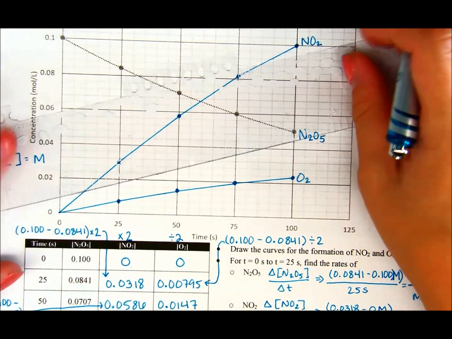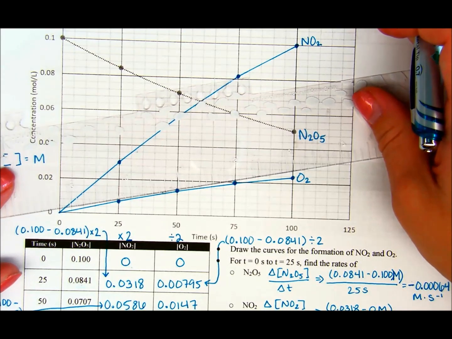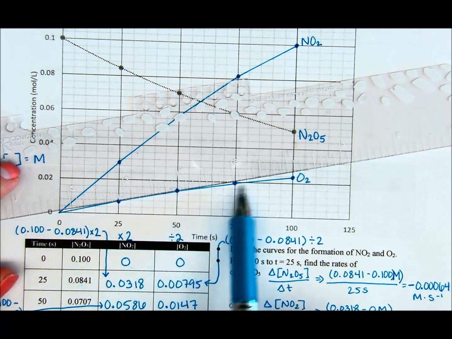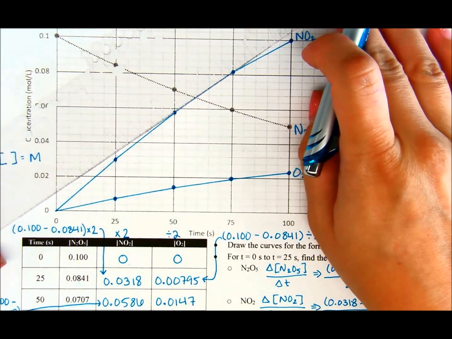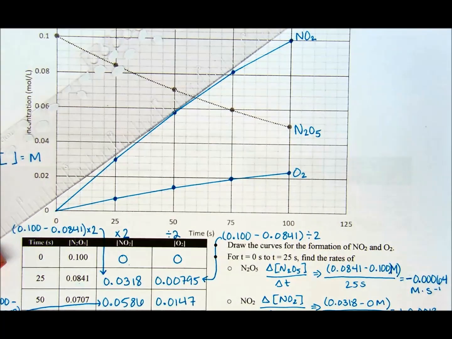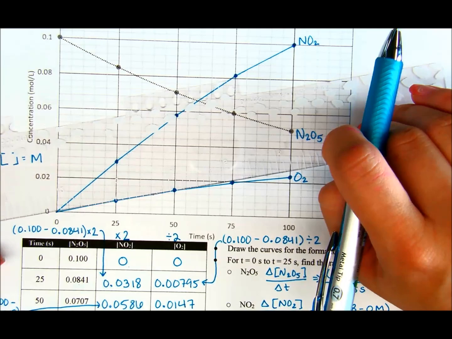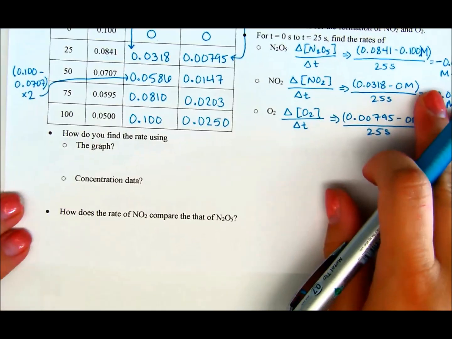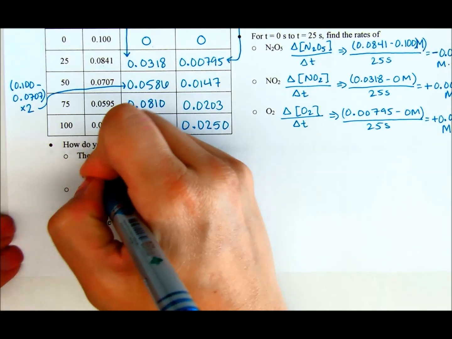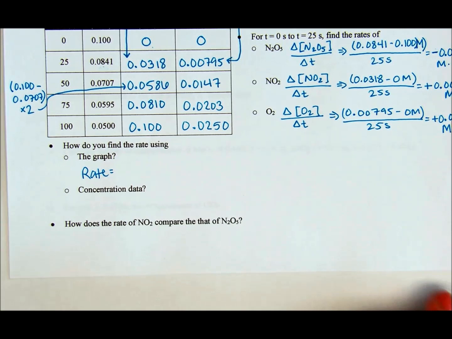The rate of O2 formation at the same time would be the slope of this tangent line right here, etc. So you can see that the steeper the line, the faster the rate. And the less steep the line, the slower it's going. So rate is going to be equal to the slope of the tangent line at that time.